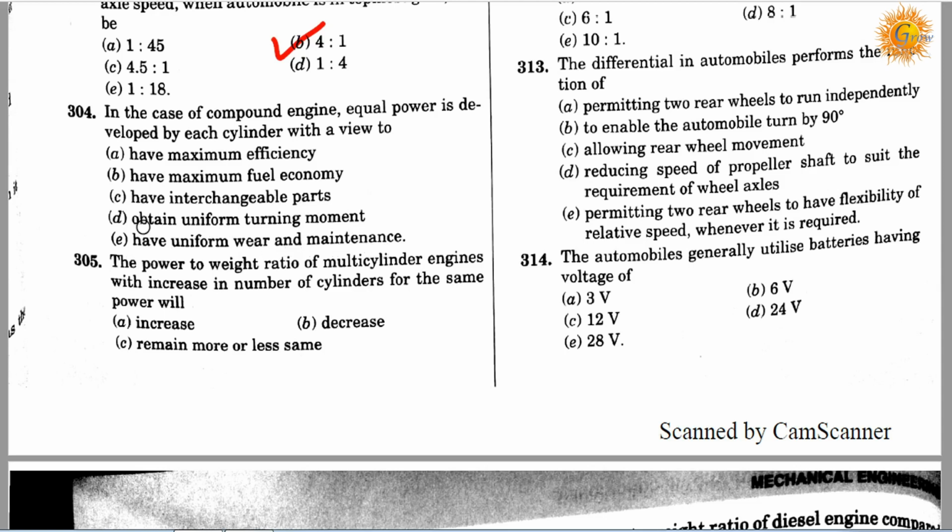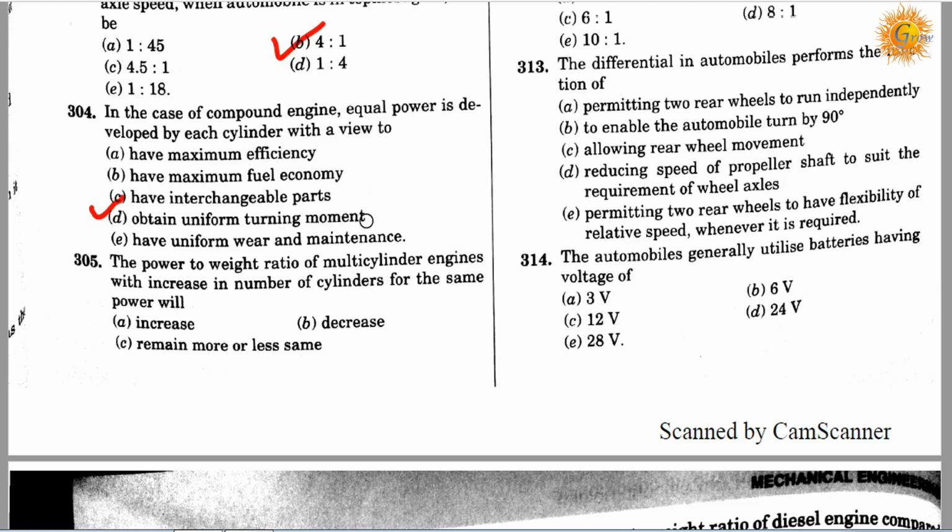So the correct answer will be D, because in a compound engine equal power is developed by each cylinder with a view to obtain uniform turning moment.